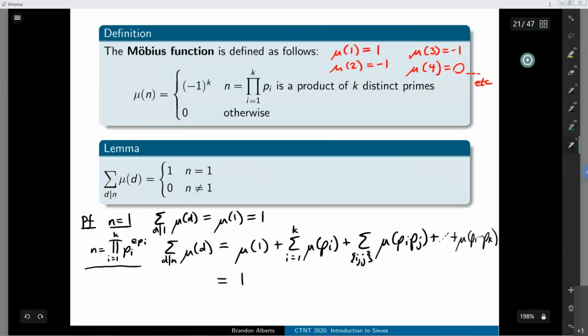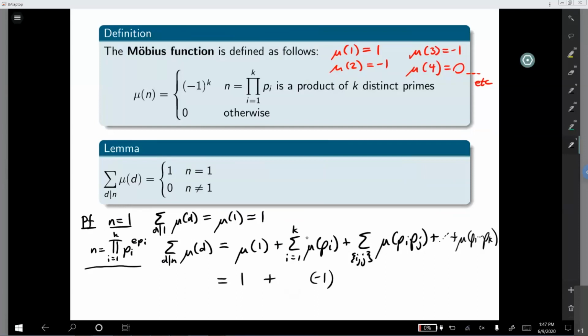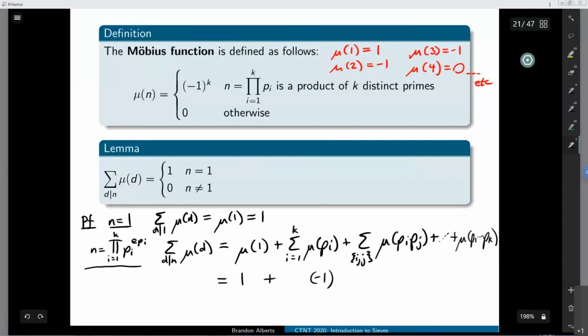The Mobius function of 1 is 1. The Mobius function of a prime is -1. And there are exactly k choices for a prime dividing n. So this sum has length k. The Mobius function of a product of 2 distinct primes is (-1) squared.